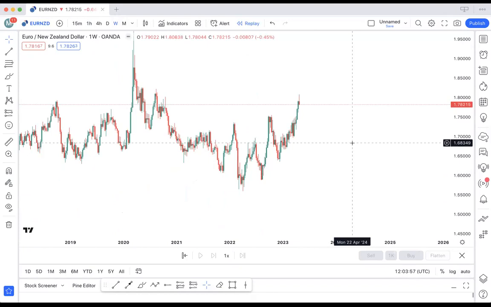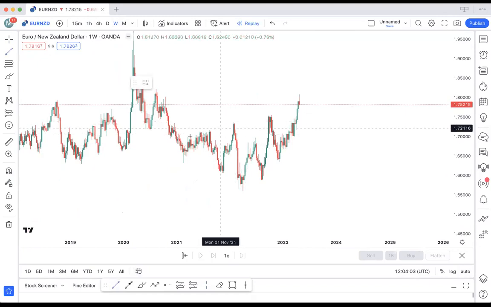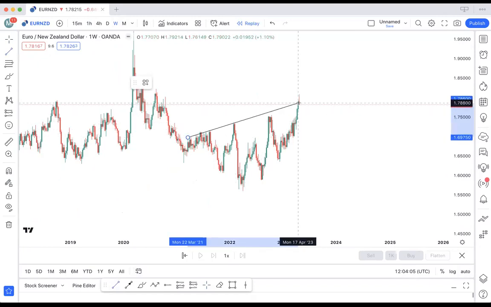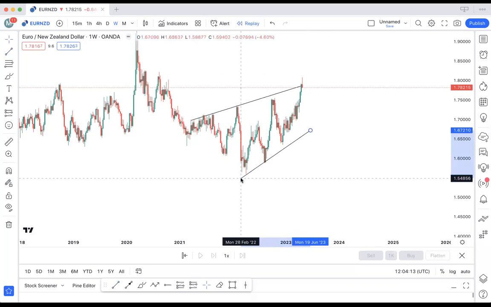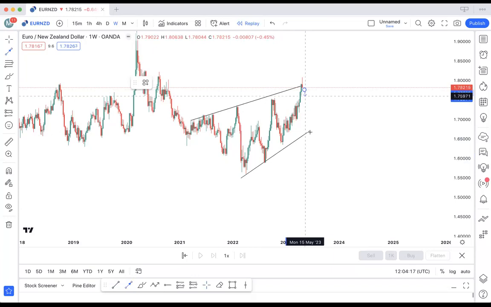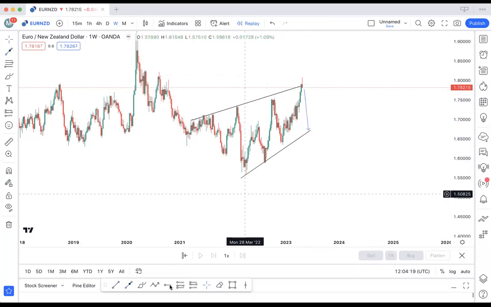Now the next one we have is the euro over the New Zealand dollar. This one, I'm not seeing anything much except that we can look at this as a continuation pattern to the downside, indicating a high probability of dropping to the downside.